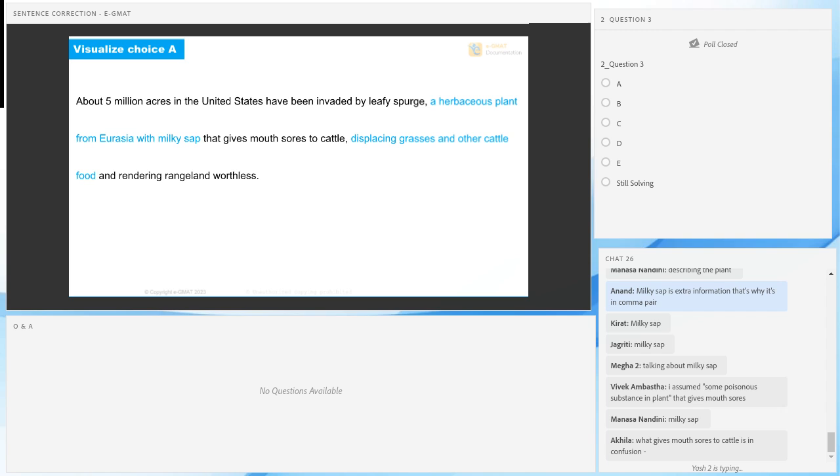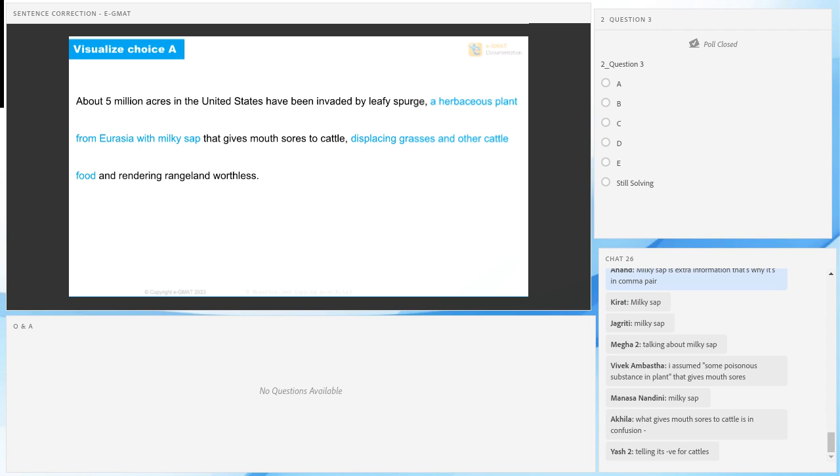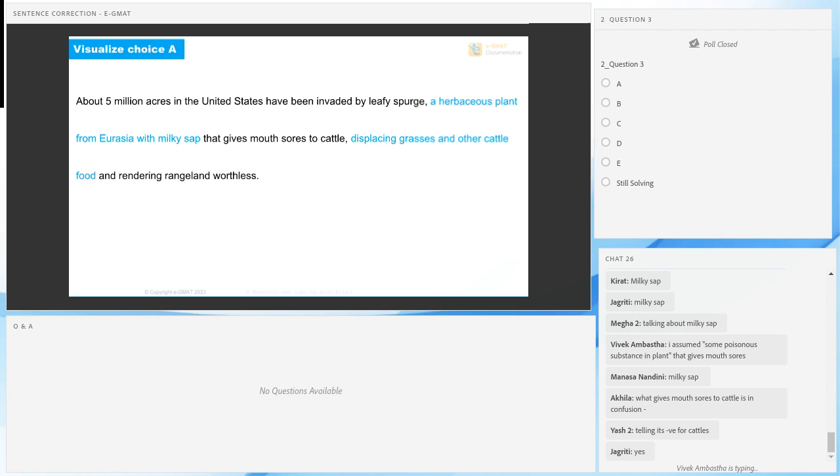Now milky sap, is that something that's pleasant? You don't know whether it's pleasant till you read that it gives mouth sores to cattle, but in your mind you know, because leafy spurge is a villain here, that milky sap may not be a good thing, right? So that's how the sentence needs to come to life. The words need to come to life as you're reading this. You're relating that invasion part with milky sap not being a good thing.